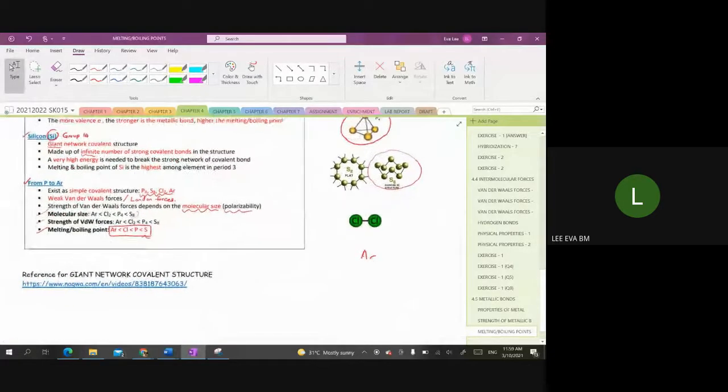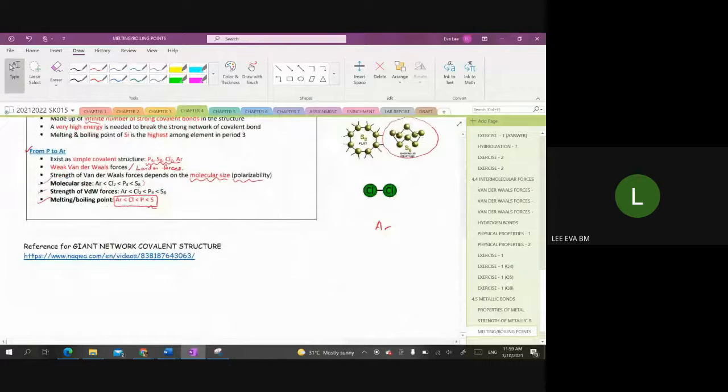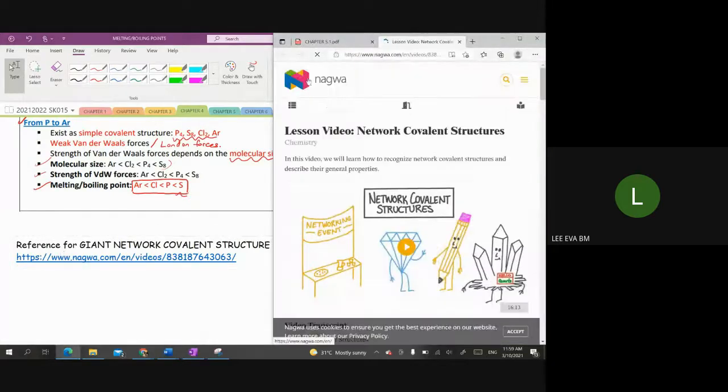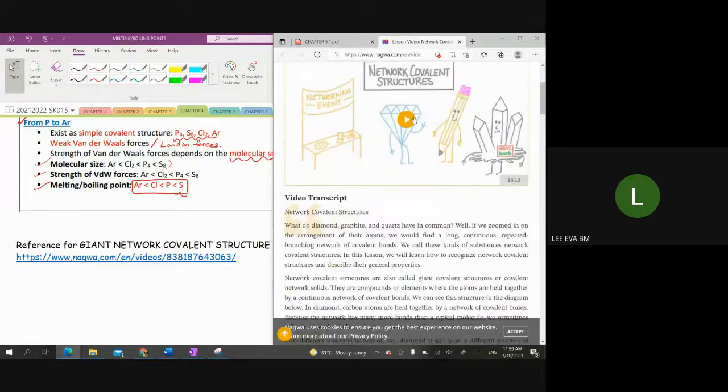Okay, so I also put a link over here for your reference for giant network covalent structure. Okay, so you may access this one to see what it means by giant network covalent structure. We will come back to this network structure in our chapter 5.3. Akan patah balik kepada ini untuk ceritakan selain silikon, carbon pun boleh jadi giant network covalent structure.